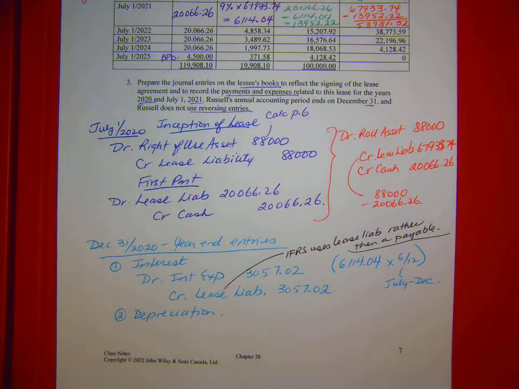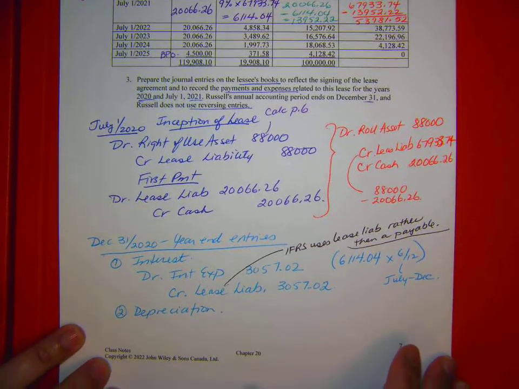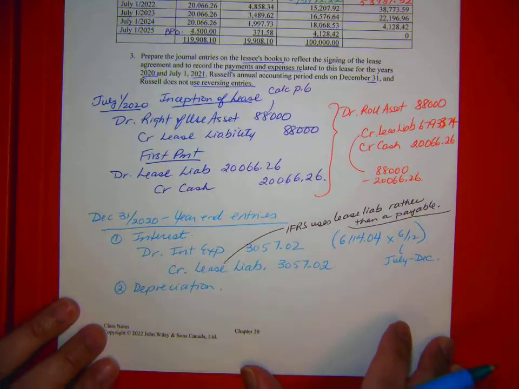So they're not really increasing the lease liability, it's just like a holding account. So think of it as a holding account there. Okay, so that's okay, we're used to doing that kind of entry, but now we have to do the depreciation.